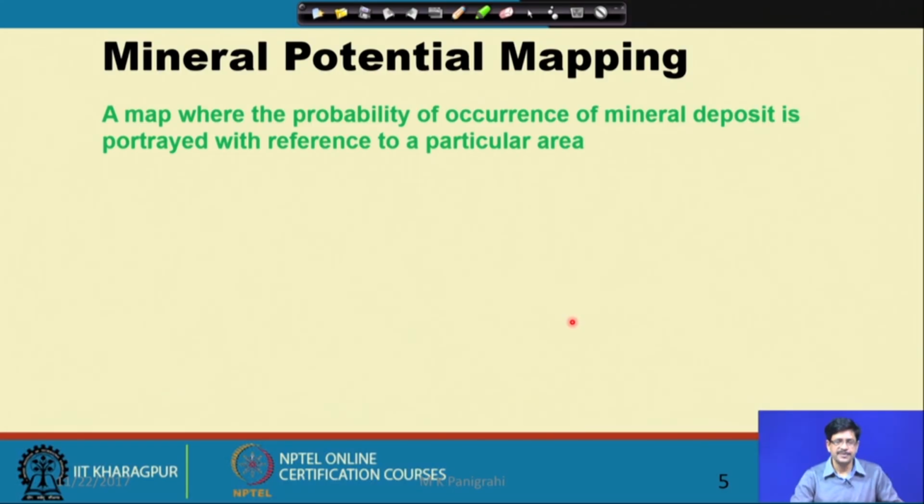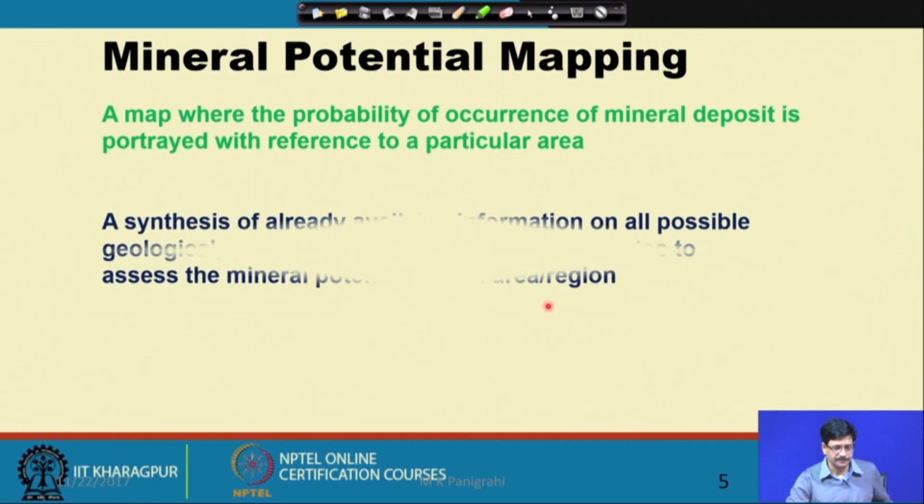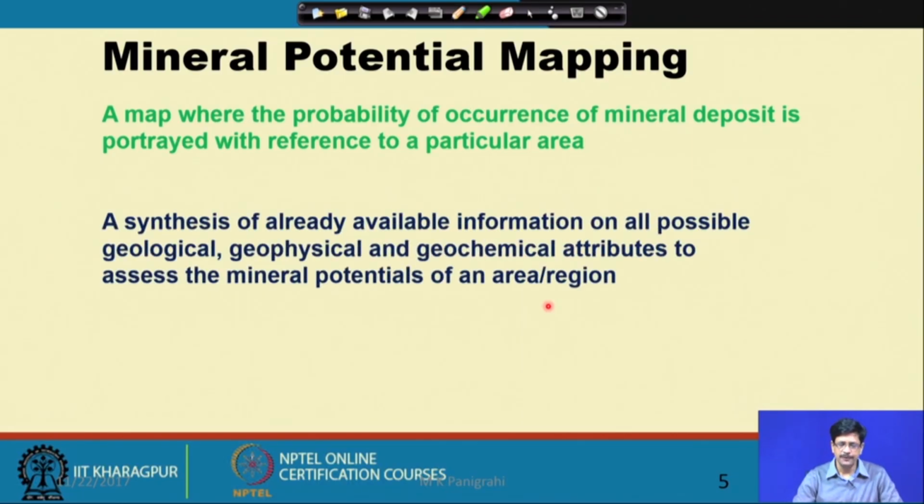And when we see in terms of mineral exploration and synthesizing of the information in finally producing a mineral potential map, we can see what kind of value the probability takes. So, it is a synthesis of all already available information on all possible geological, geophysical and geochemical attributes to assess the mineral potentials of an area or region.